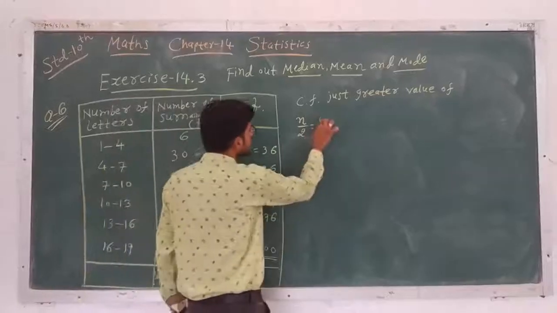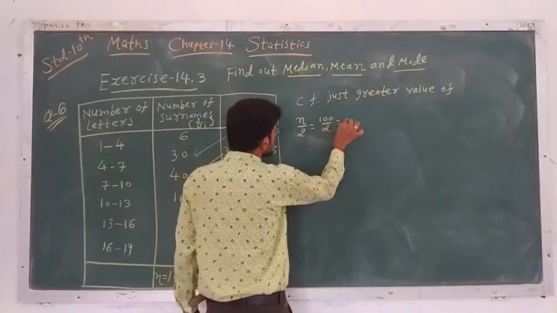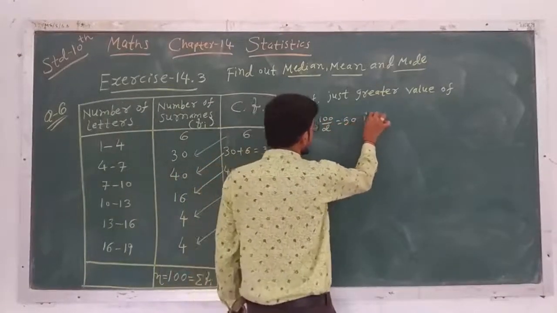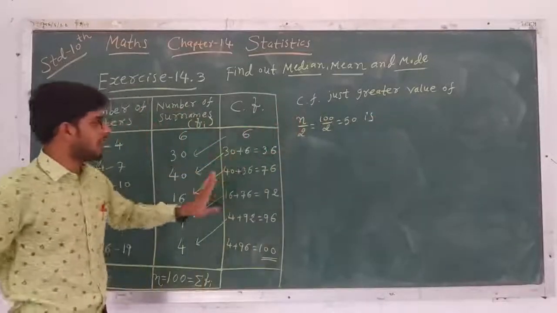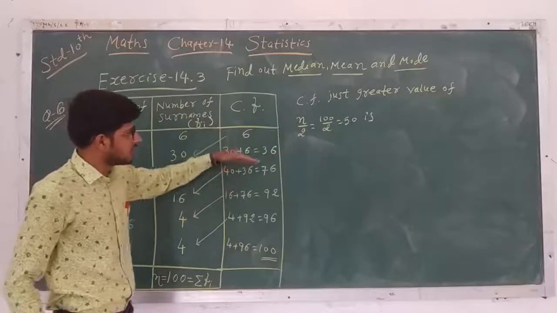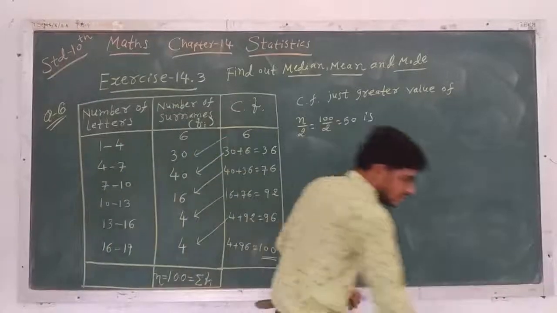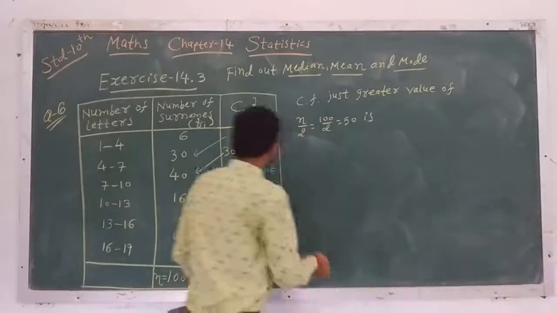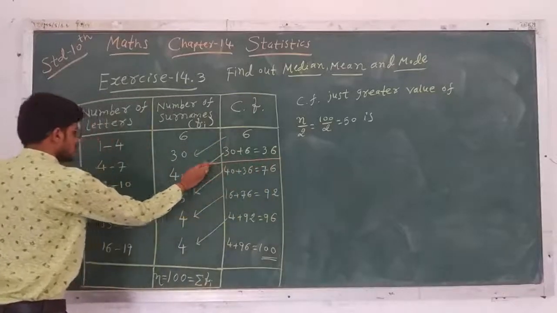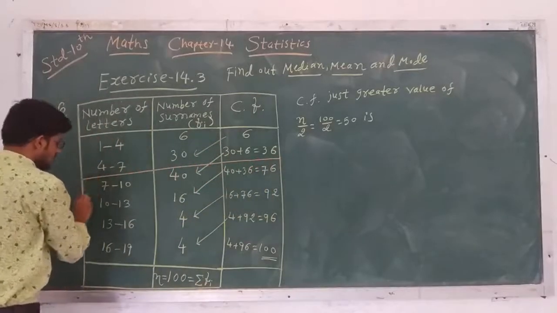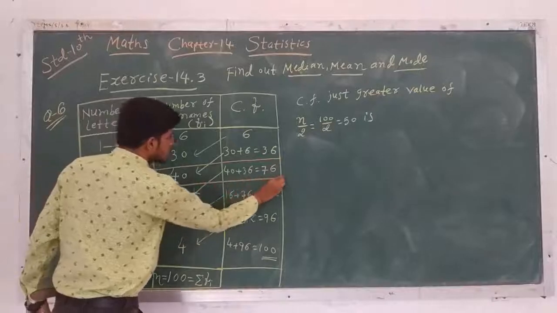So 100 by 2 is equal to 50, so just the greater value than 50. So just the greater value than 50 is 76. You can observe here, 76. So the third class, 7 to 10, is called the median class.